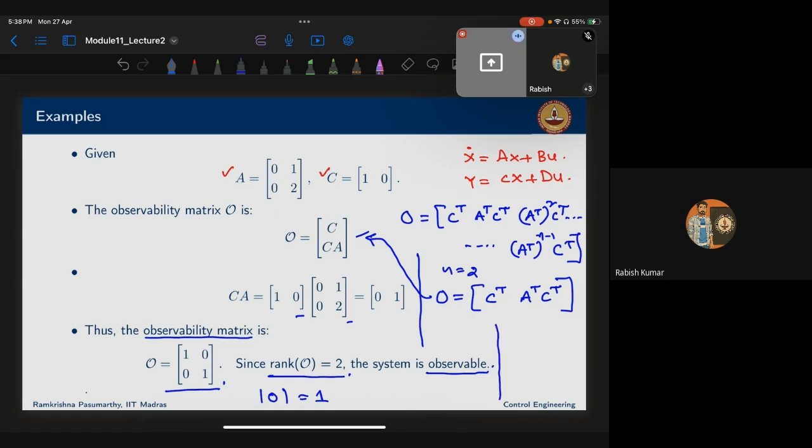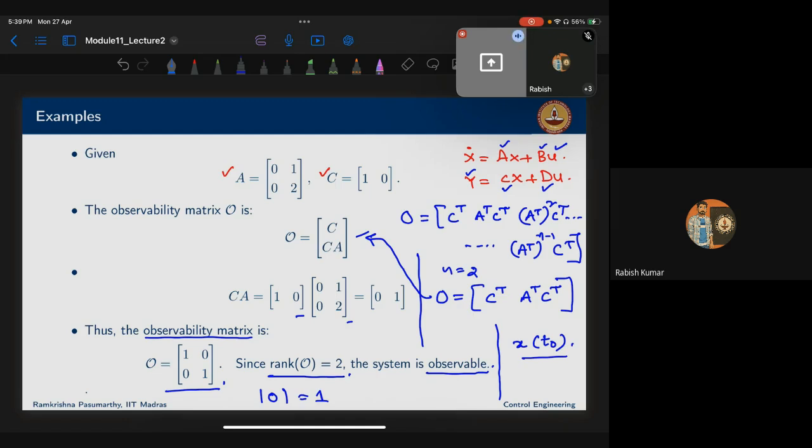If we have the knowledge of the input, the output Y, and all these matrices A, B, C, D, then we can find the initial value x of t naught, the state at time t naught.